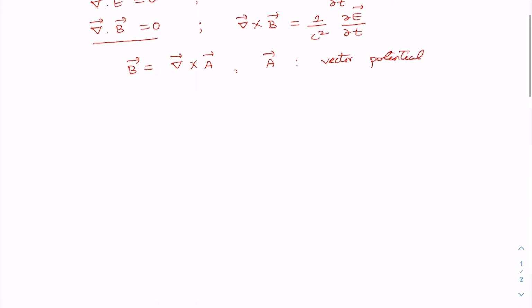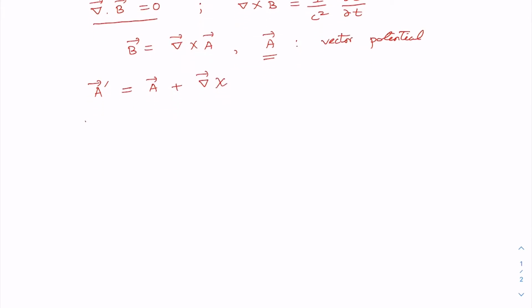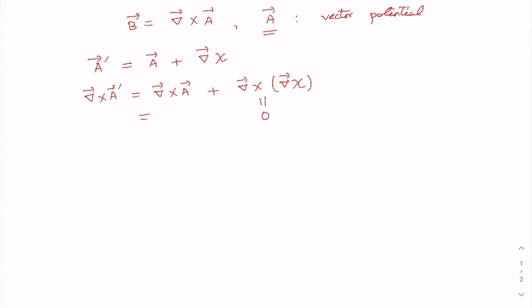Moreover, please note that this vector potential is not unique, because I can have another vector potential defined as A dash, which may differ from A by the gradient of a scalar quantity, say chi. If I take curl on both sides, I will have curl of A dash equal to curl of A plus curl of gradient of chi, and you know that this is equal to 0, and curl of A is B.